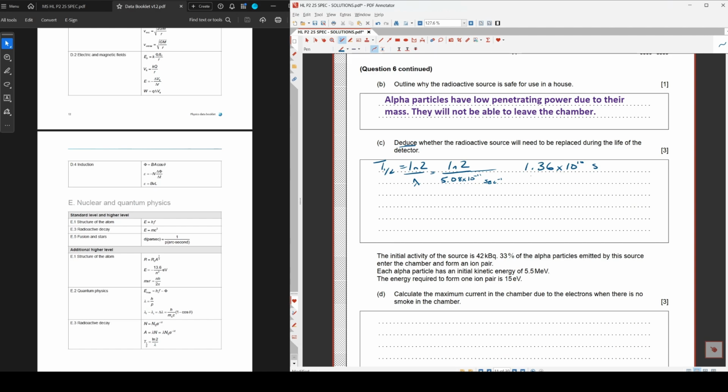We're going to make an argument here. It would probably be reasonable to convert this to years, because that seems like more than a year.